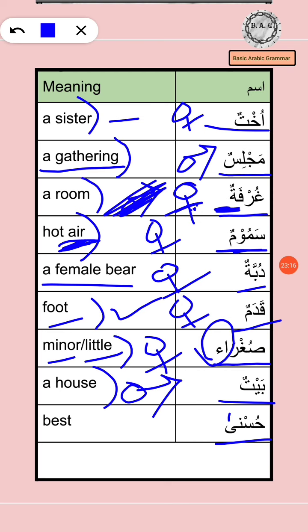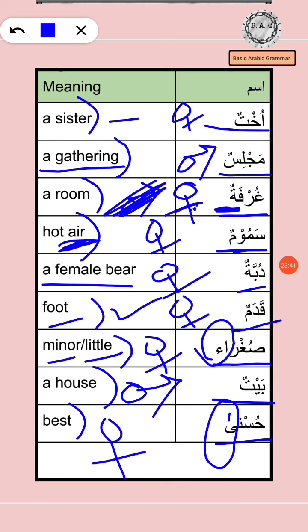So it means best. And does it have the meaning of being an actual feminine? It does not. And then the second group: does it have any of the three flags of being feminine? Yes, it does. It ends with alif maqsura, so it is feminine.